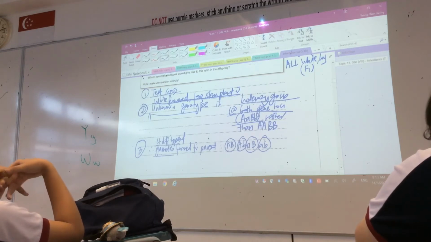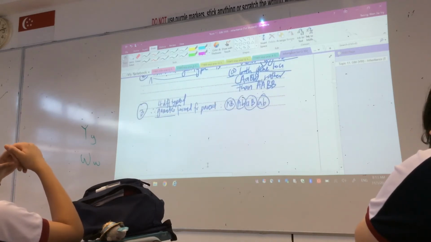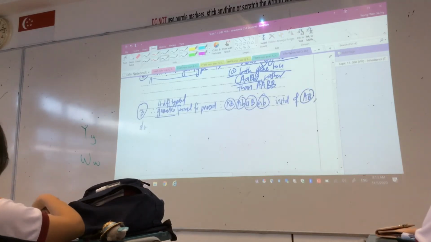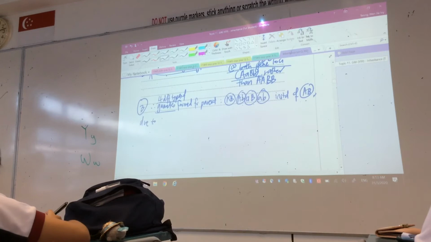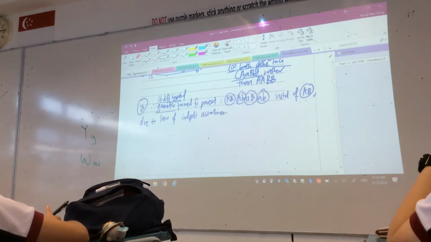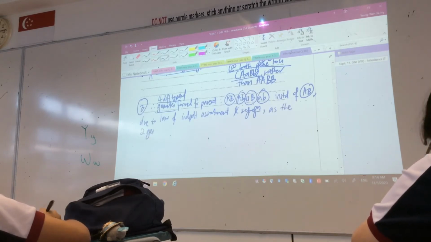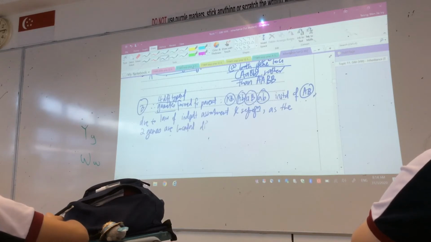What is the reason for the 4 different types? Yes, due to the law of independent assortment. It's only possible because the 2 genes are located on different chromosomes.